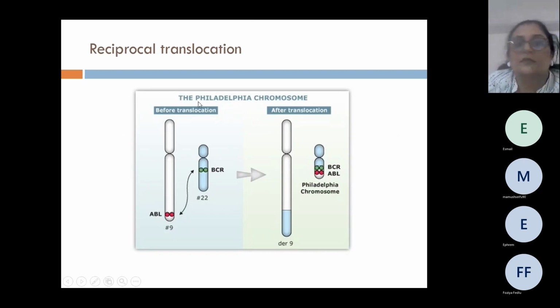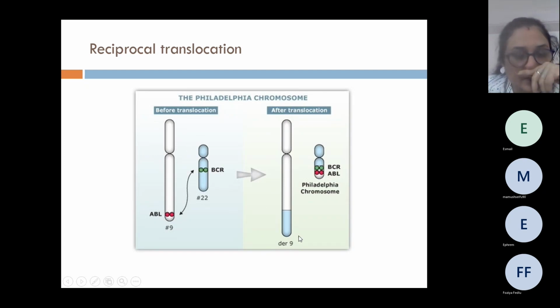So here what happens is, before translocation, you have chromosome 9 and chromosome 22. It has the gene ABL, it has the gene BCR. So there is reciprocal translocation between the two genes.